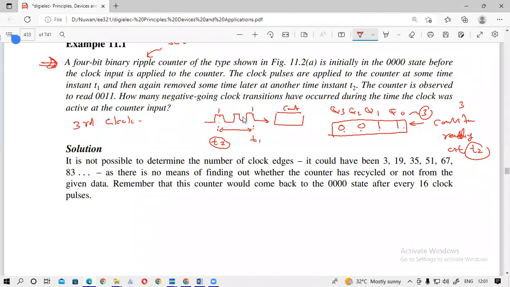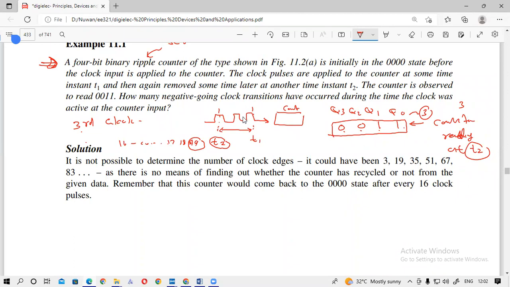This can go up to 16, and at 16 again it will be 0, 0, 0, 0. After 16, another one, that means at 17, 18, and 19, after the 19th clock cycle you will get the same result, 1, 1, 0, 0.